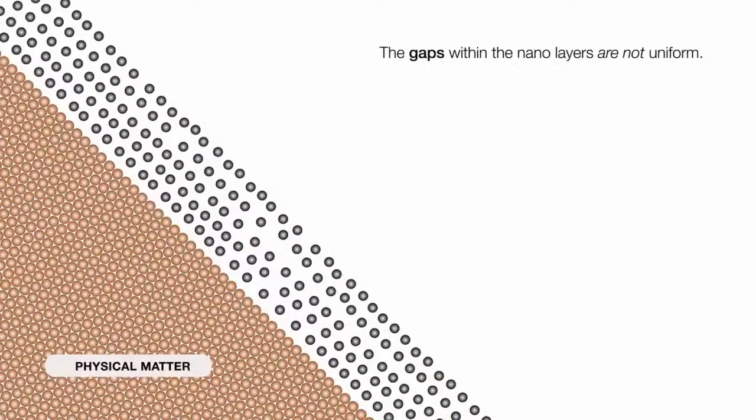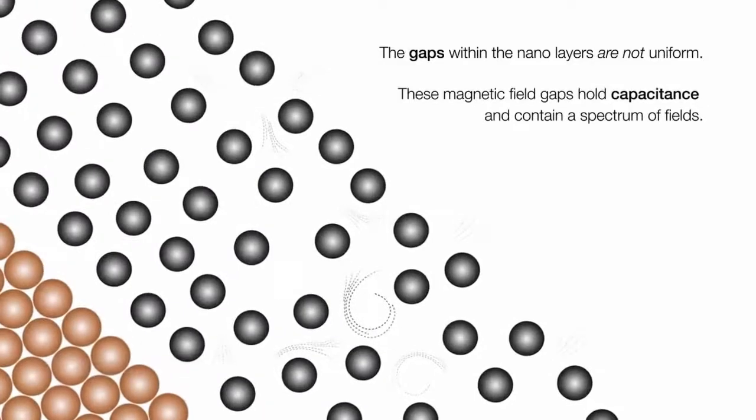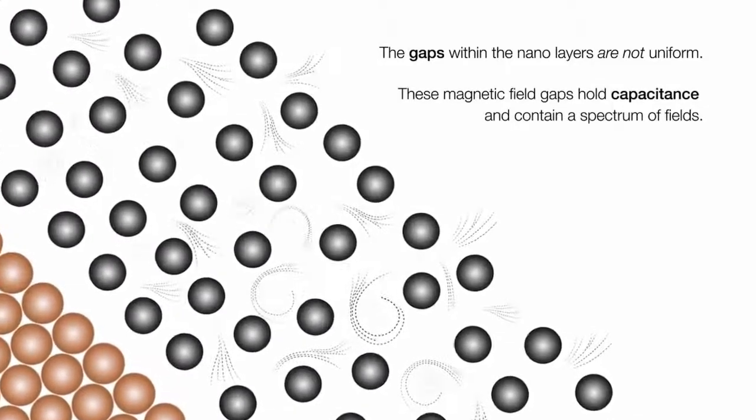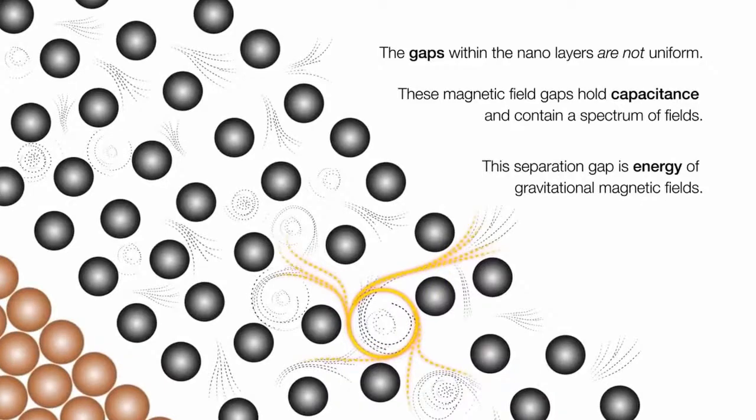The gaps within the nanolayers are not uniform. These magnetic field gaps hold capacitance and contain a spectrum of fields. This separation gap is energy of gravitational magnetic fields.